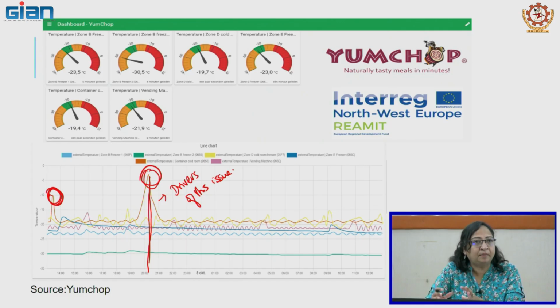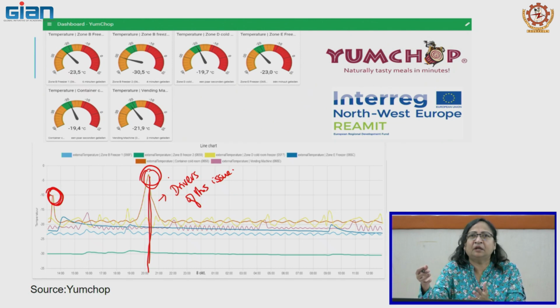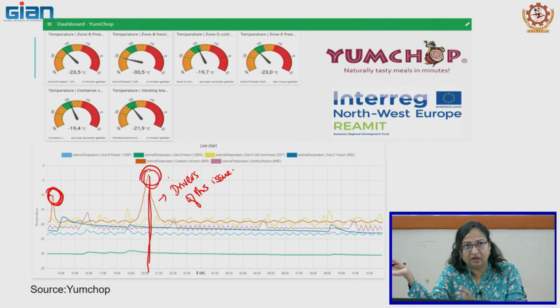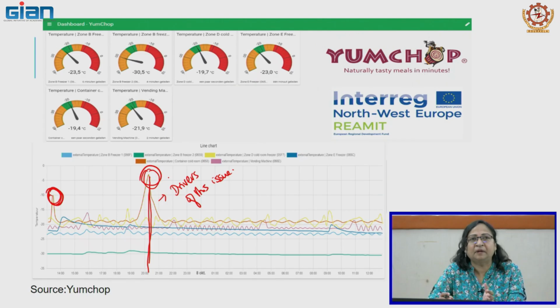So, this is automatically generated, and the alert has gone to the company. They gave a testimonial: yes it happened in our office, it happened in our fridge in the railway station, it has happened in the fridge in other areas. So, they have accepted it, they have removed those batches, and they used them for home purposes or secondary sale purposes.